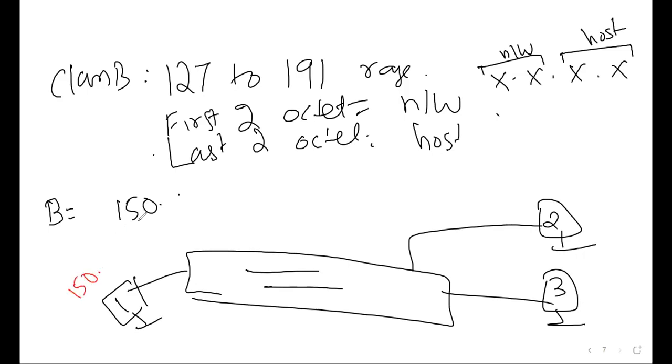The second, third, and fourth octets I can give any number irrespective of class. So I'm going to give 150.1.1.1. Which class is it? Class B. In class B, how many octets are in the network? The first two. The first two octets means how many bits? 16, right? 8 and 8. So I need to define /16.